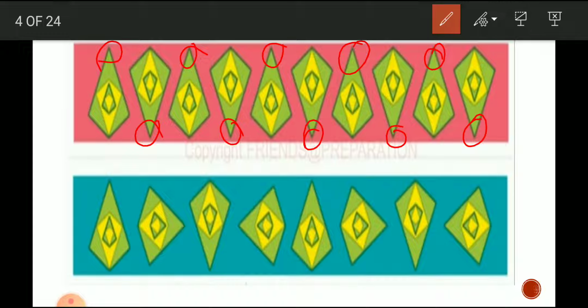Okay, see the second one, I mean the bottom one. The first one, the corner is located in the top. The second one is the right side, the third one is down, the fourth one is left, and again they will start with top, right, down and left.